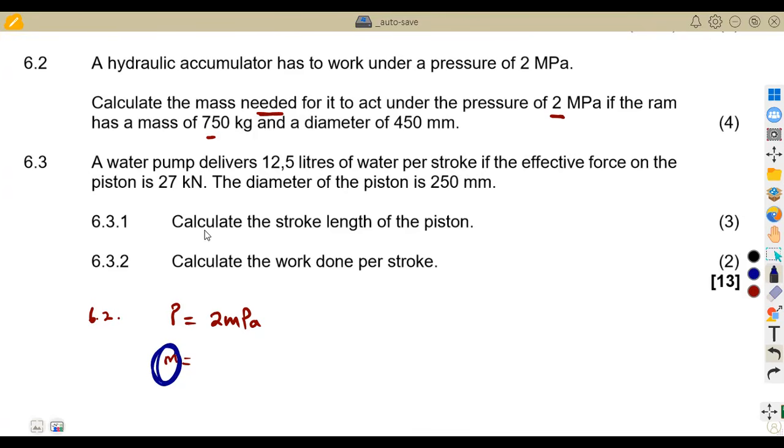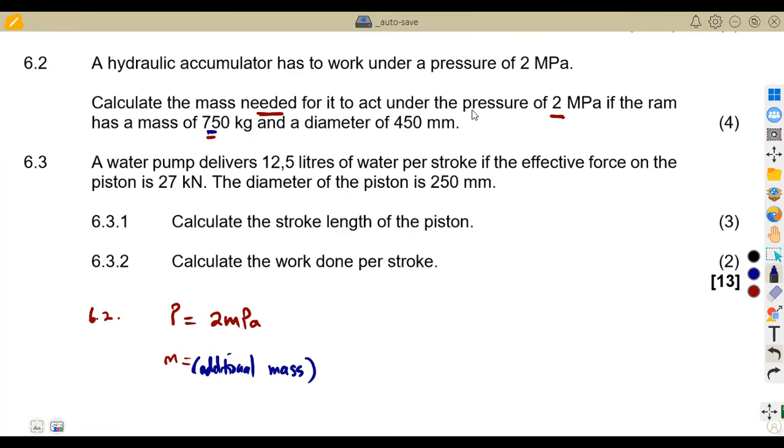This mass that we are talking about is an additional mass. The normal mass that we are supposed to have is 750 kilograms for the ram. So this M needed is the additional mass.